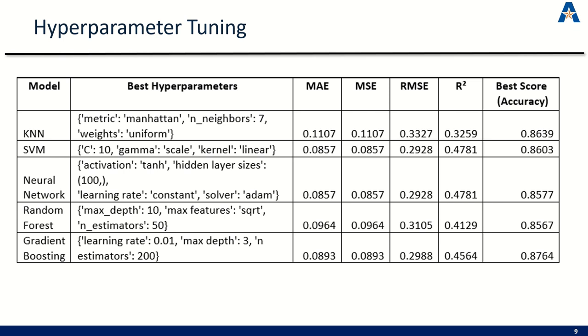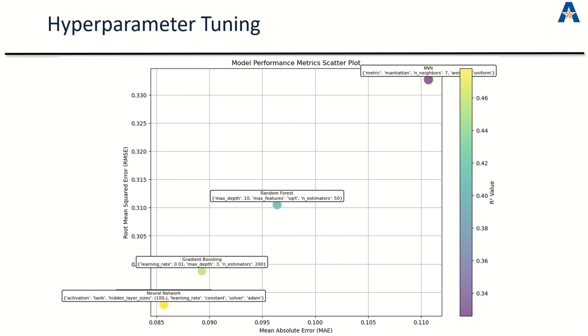This is a table that I made after running each of the models. Hyperparameter tuning of each of the models has been done, and the best tuned models have been listed, with the corresponding errors, R square values, and accuracies for comparison. To better visualize this data, I made a scatter plot, and over here we can see that for the KNN model, the root mean square error and the mean absolute error are quite high, and the R square value is also quite low.